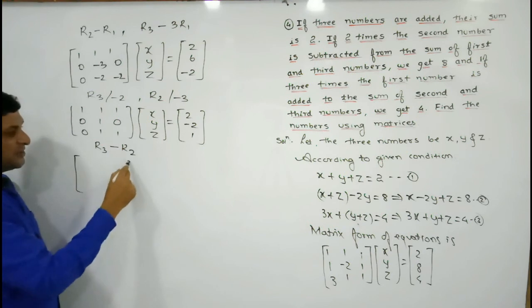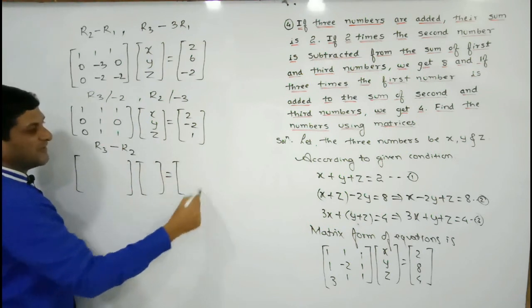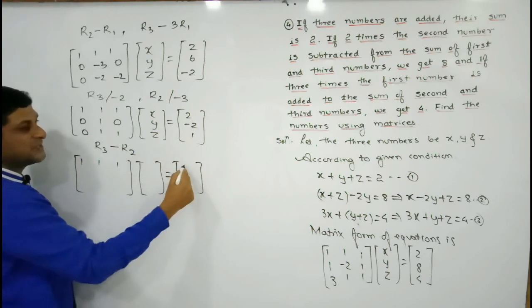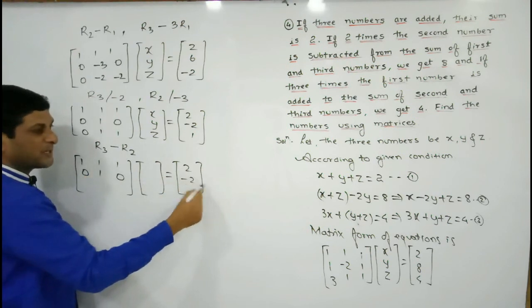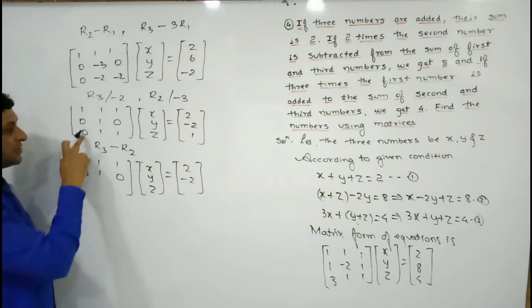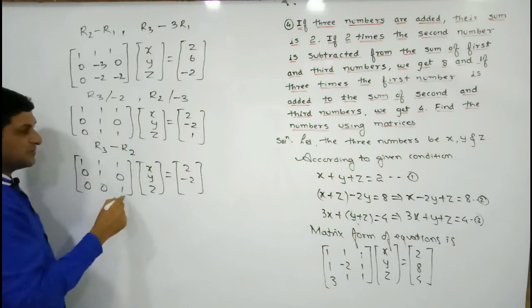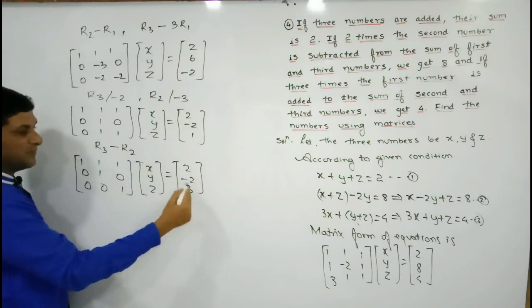Let us perform this operation on the elements of R3 on both sides very carefully. Here 1, 1, 1, keep as it is, on this side 2 as it is, 0, 1, 0, because there is no operation on R2 also. So perform this operation on R3: 0 minus 0 is 0, 1 minus 1 is 0, 1 minus 0 is 1, and 1 minus minus 2 means plus 2, which equals 3.